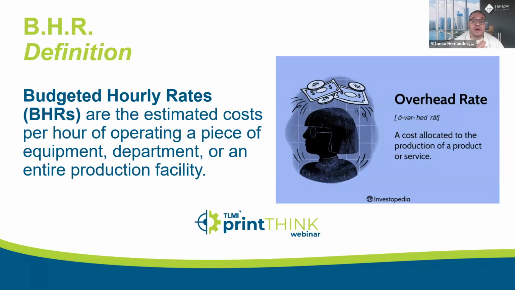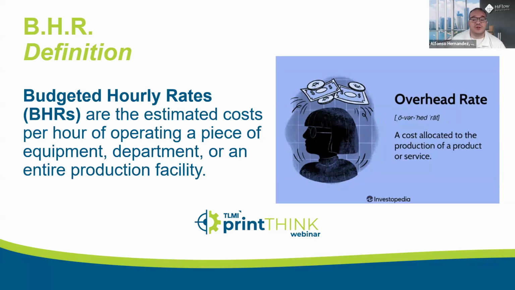This standardizes pricing and improves profitability and enables real-time quoting based on the actual operating cost. Additionally, BHR helps optimize resource allocation and adapt pricing dynamically to market changes, ensuring competitive and sustainable business operations.